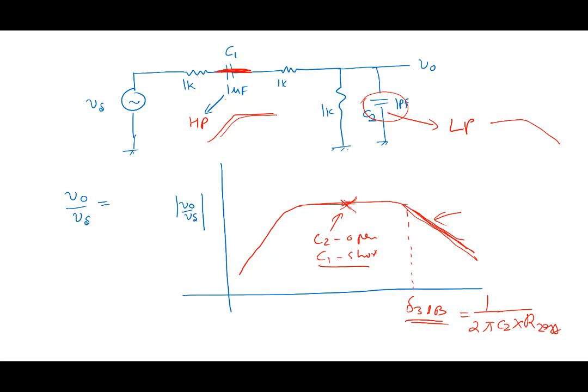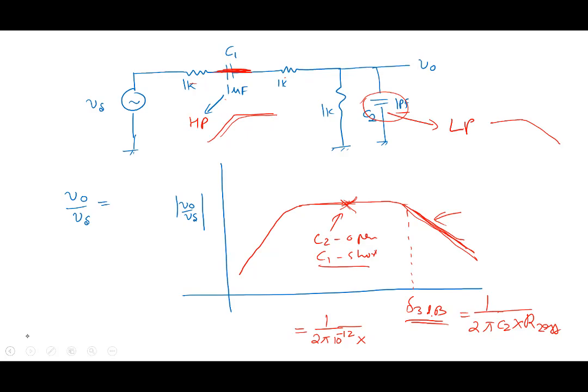And note the value that I have given here, 1 pF. So what is this frequency equal to? This F3 dB, let's write it there, will be equal to 1 over 2 pi times 10 to the power minus 12, 1 pico, multiplied by 2k parallel 1k.